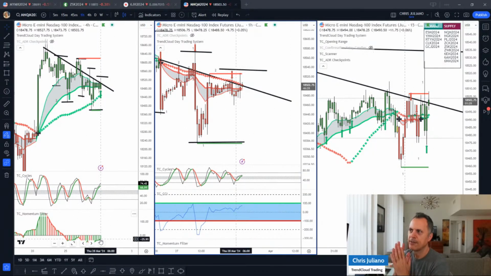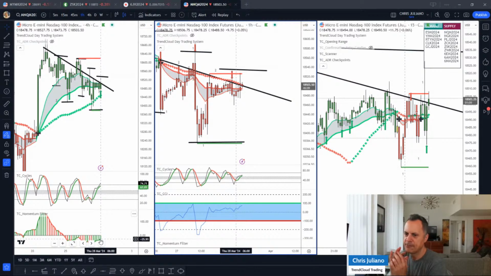We have it on the high time frame. Momentum is up on the high time frame, but yet we keep going down. But momentum keeps going up. Those are two opposing forces.